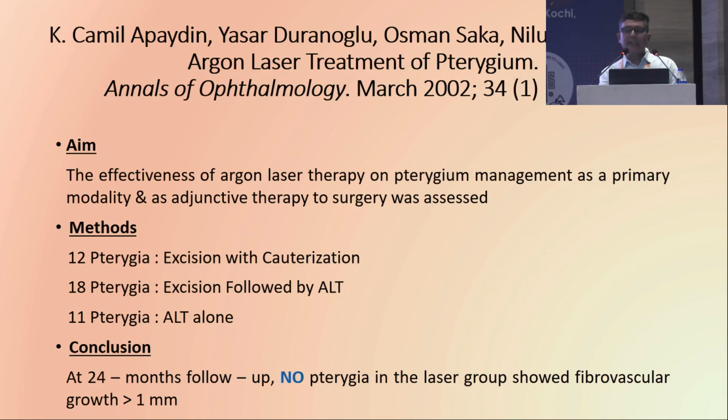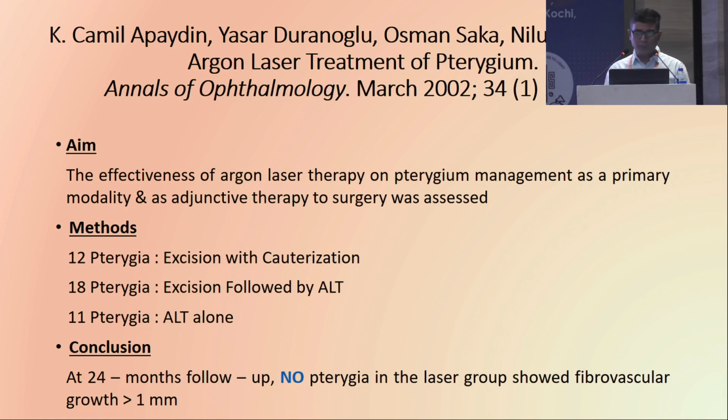Even argon laser treatment was used, but it was not as common as beta radiation. We could find a study where this group used argon laser treatment in the treatment of pterygium. They divided patients into 3 groups. In the first group they used only the bare sclera technique, excision of pterygium with cauterization.